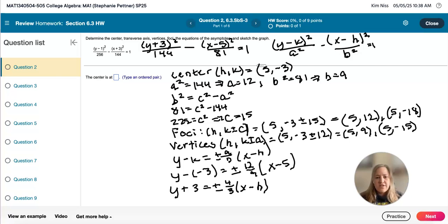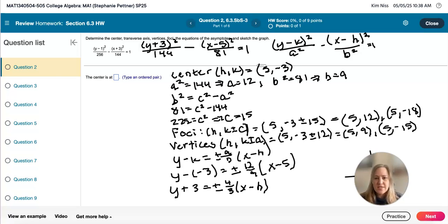Now, using all this information, you can sketch the graph. We have a center at (5, −3). It's not going to be perfect, but there's our center.